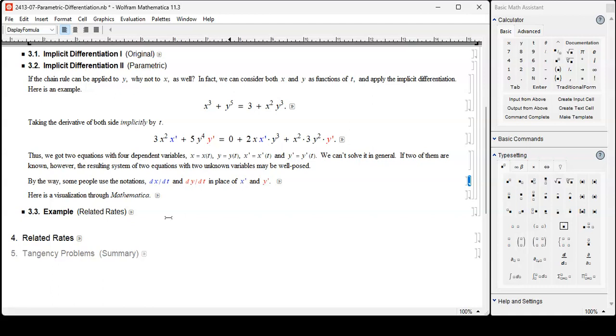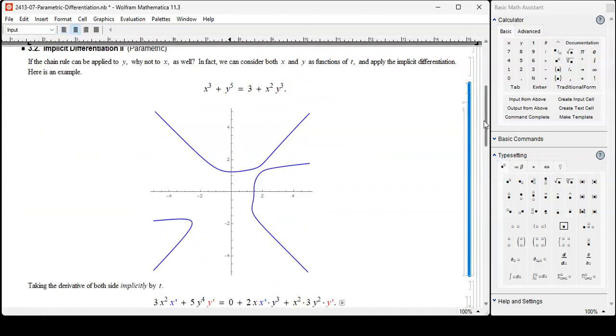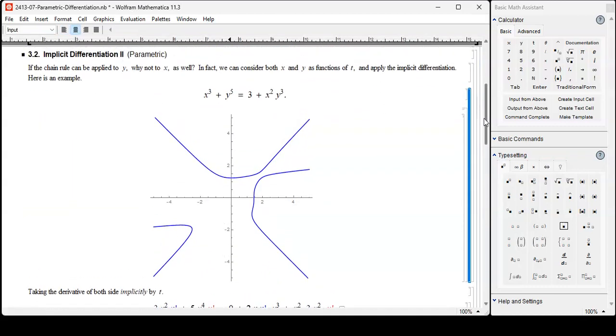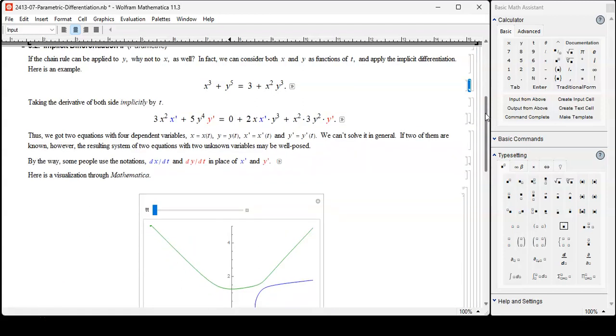Let's come back to the visualization I told you about. Using a computer algebra system, we can actually solve the system and then visualize it like this. Previously, again using a computer algebra system, you could graph this relation. We have 3 curves like this, but that's static.